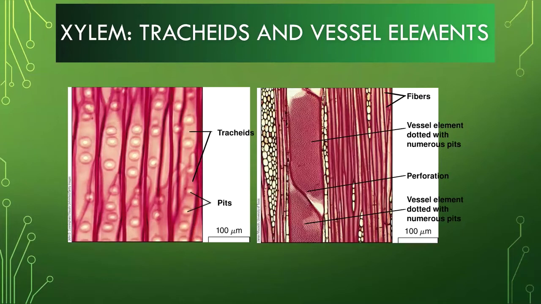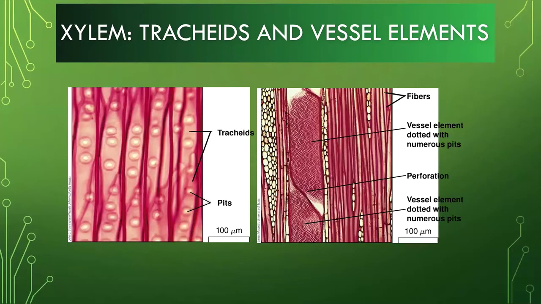They do have some perforations, also between the cells, so that water can move laterally between the cells, but mainly conducts it vertically through the plant, as well as the minerals that are dissolved in it. Remember that vessel elements are more efficient than the tracheids in conduction. So that might be another advantage that the angiosperms have as well.